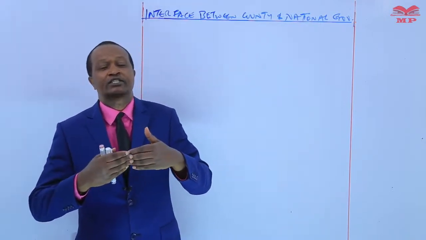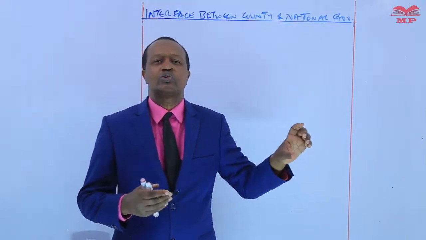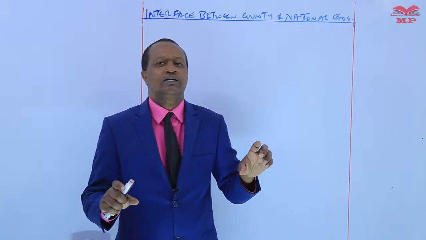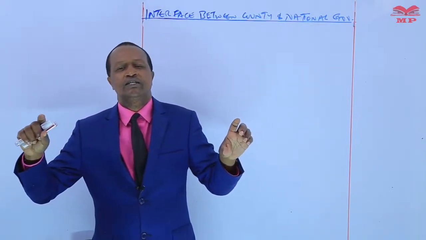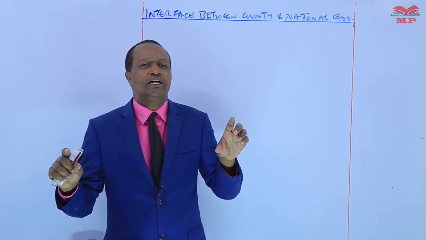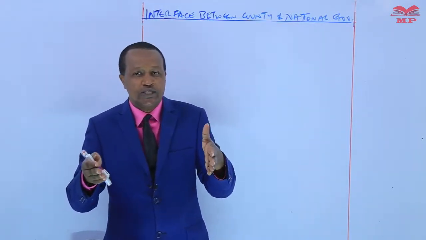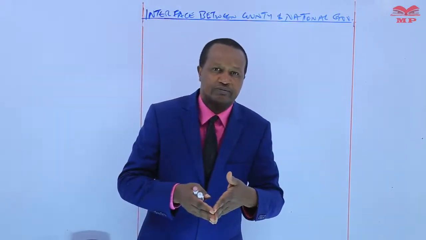These are not autonomous, distinct governments. The national government and the county governments have to depend on each other. There ought to be cooperation between them in the governance of the country.